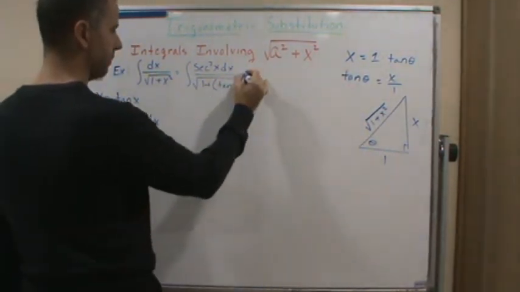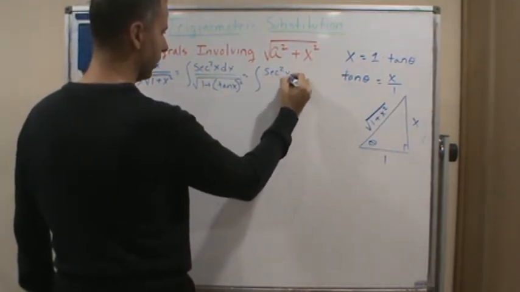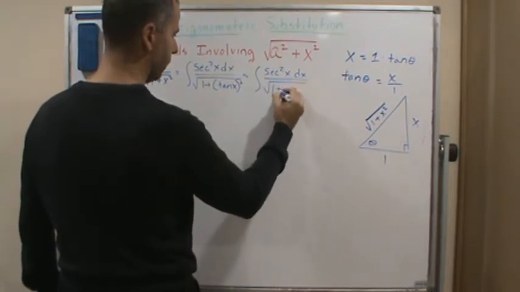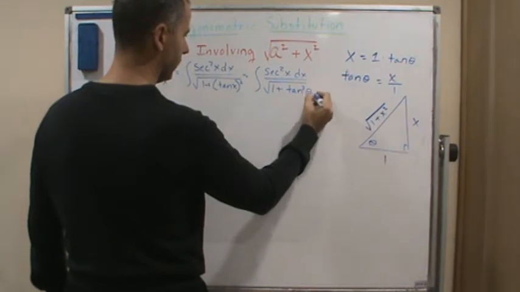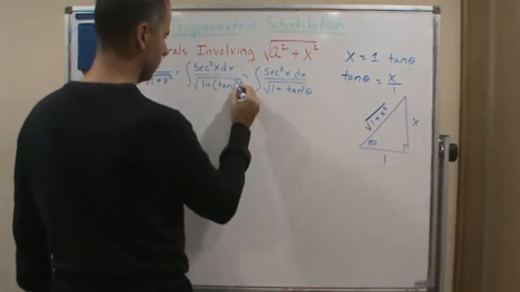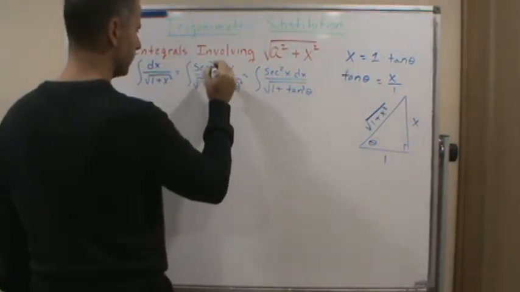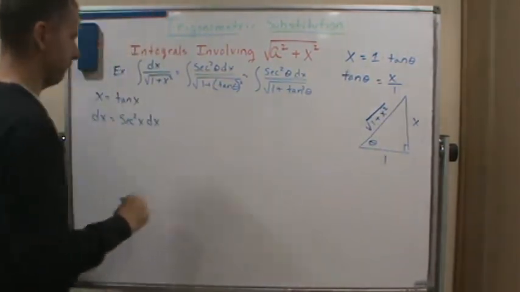If I simplify this, I get secant squared theta d theta over 1 plus tangent squared theta. Oh gosh, I got x's all over the place. That should be theta, not x. Sorry about that.